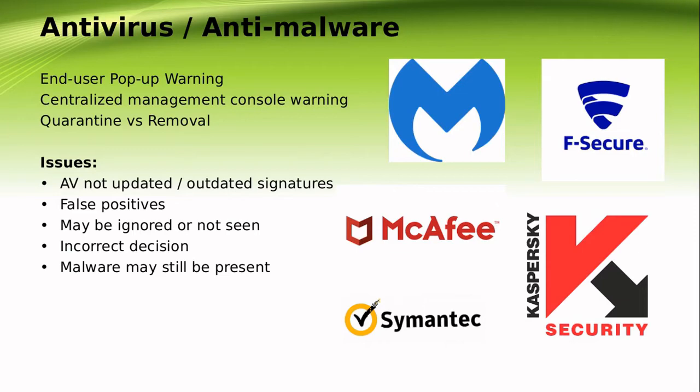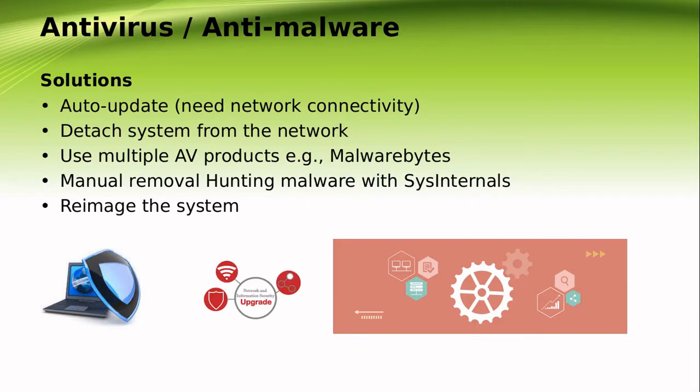Anyway, the issues we are going to see: we have to make sure the AV is not outdated, since outdated signatures, false positives that may be ignored or not seen, and incorrect decisions mean malware may still be present. These are the kinds of issues we face with antivirus software. The solution is auto update.